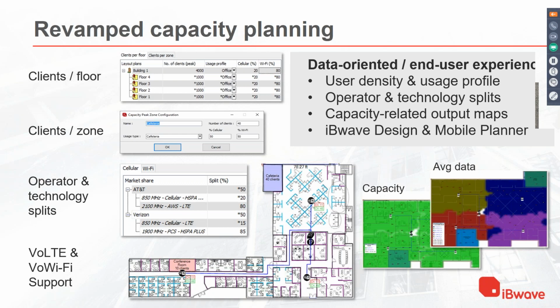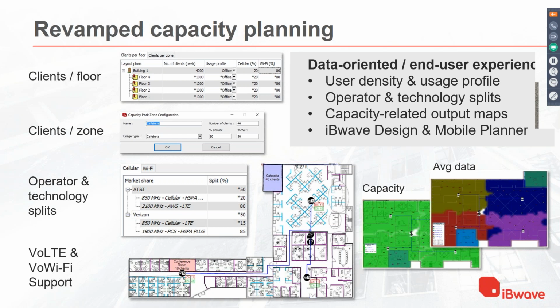You've got some capacity planning there as well, maybe not as extensive as what's available in the desktop tool, but pretty easy to use. So that's just in a nutshell what was recently done in terms of capacity planning. But the important thing is that we're now tying this a lot closer to the end user experience.